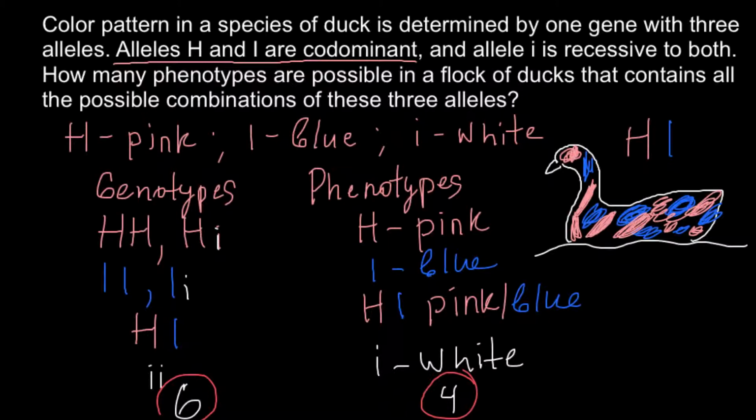But when we have codominance, both colors would be expressed, and each color would form patches of pure color. So as you see, in codominance, we would see a duck that is going to be spotted.